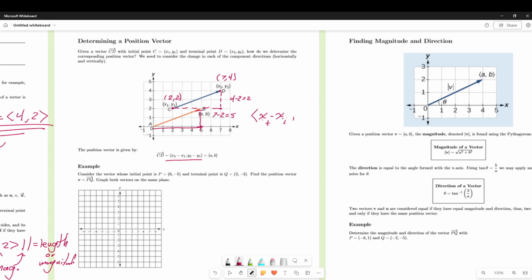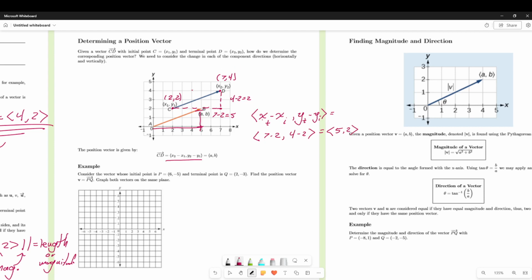And then the terminal point for the y minus the initial point of the y. And this might look a little bit like slope, and it should, because that's kind of what slope does. It's the difference in the y's over the difference in the x's. This is just how far have you gone in each direction. And in this case, it's the 7 minus 2 and the 4 minus 2, giving us a position vector of <5, 2>.